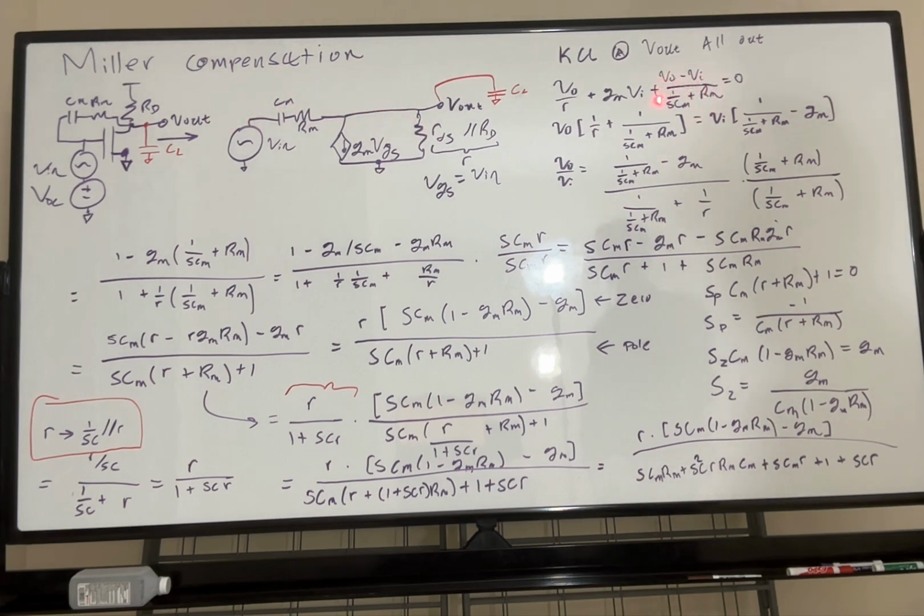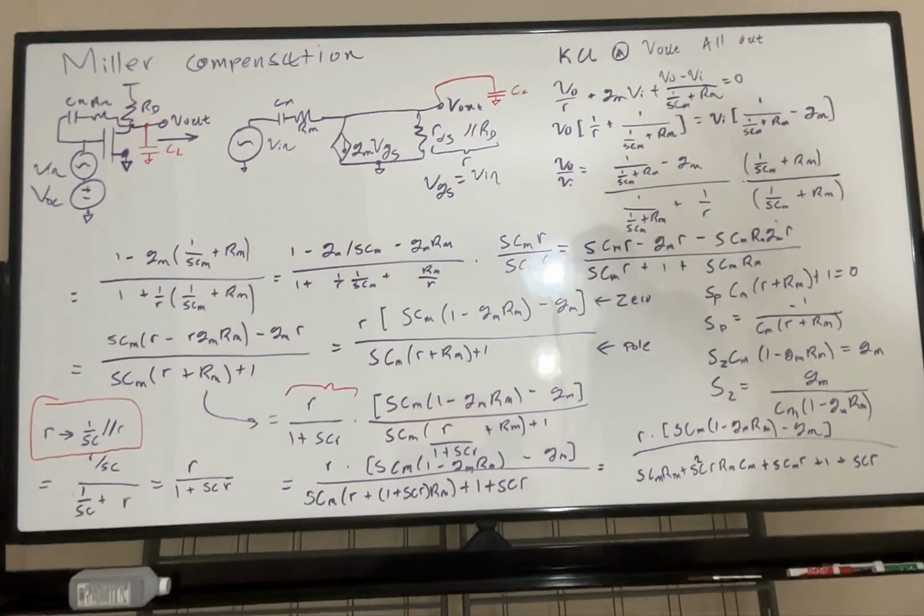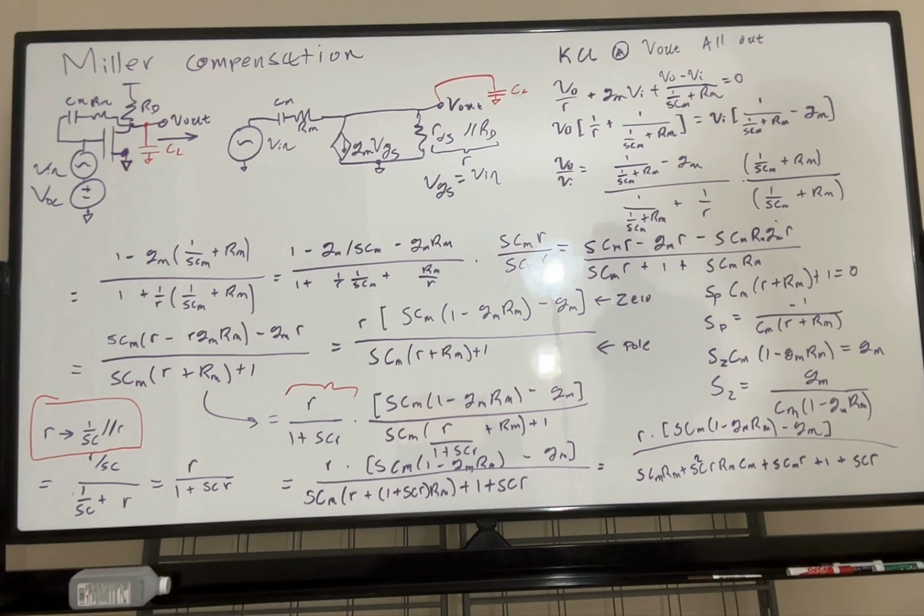That's why you're dividing by the impedance of that series branch, which is, of course, 1 over sCm plus Rm on the bottom. And now this line here is the only KCL we really need, okay? Literally, all the rest of this is just algebra. And then when we find the pole locations, we'll discover, surely, how the circuit responds.